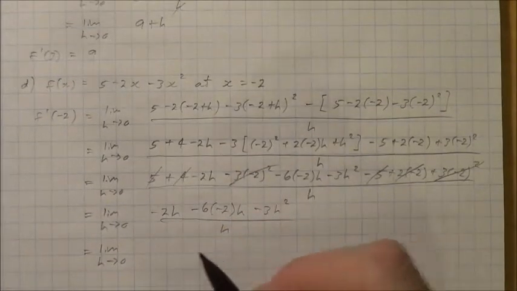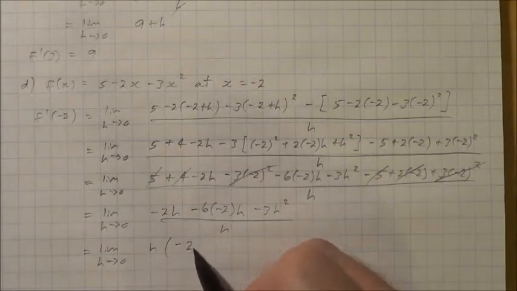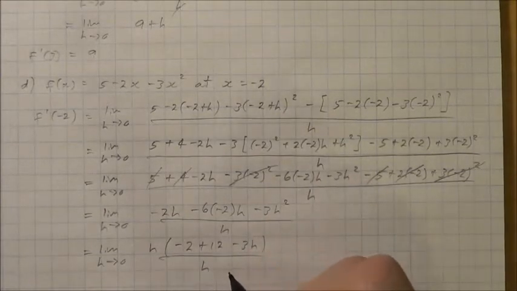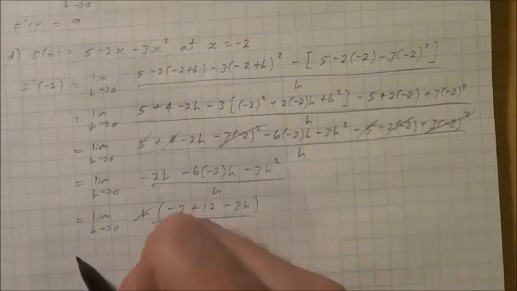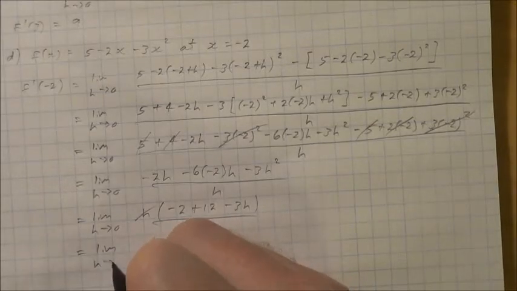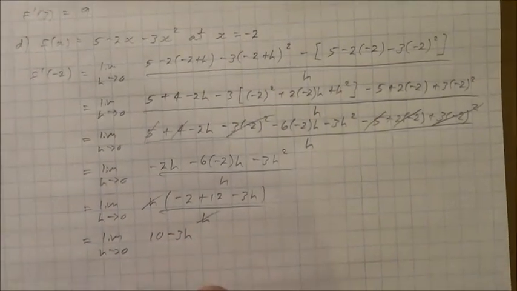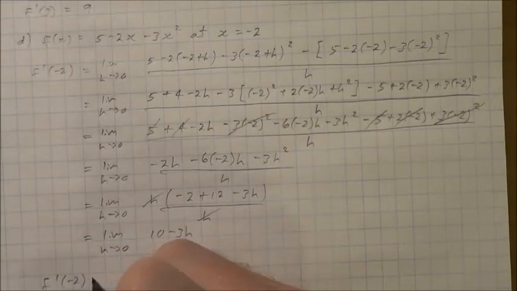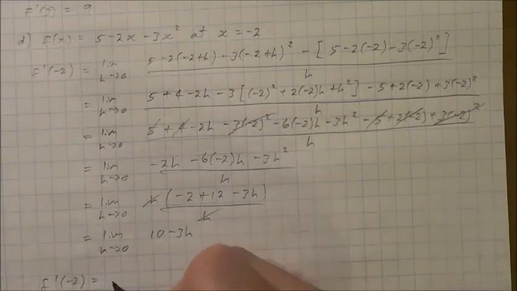Again, factoring out an h. Negative 2 plus 12 minus 3h all over h. h's cancel. So we're left with 10 minus 3h. Therefore, f prime of negative 2, when we substitute 0 in for h, equals 10.